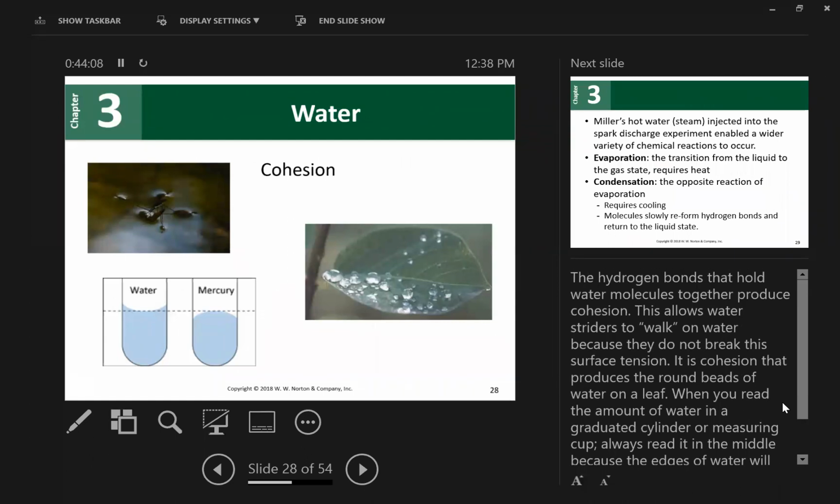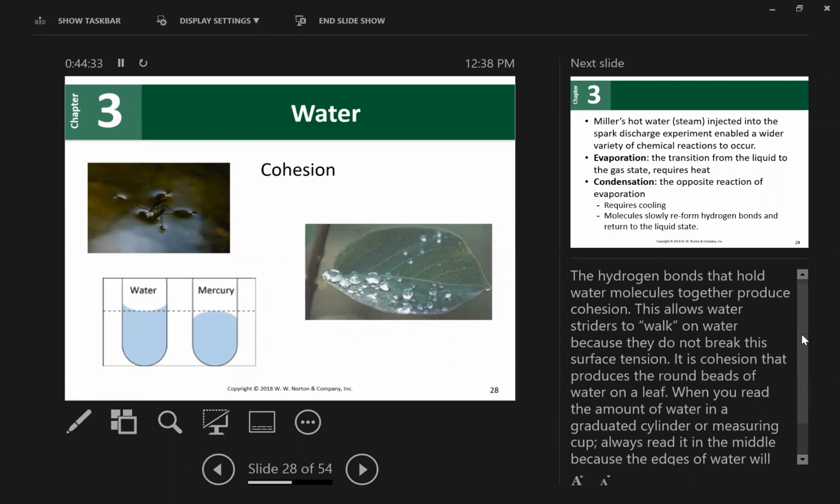Okay, so I talked a little bit about cohesion. The hydrogen bonds that hold water molecules together produce cohesion. This allows the water strider that we see here to walk across the water but not actually break the surface tension. It's the cohesion that produces the round beads of water on a leaf.